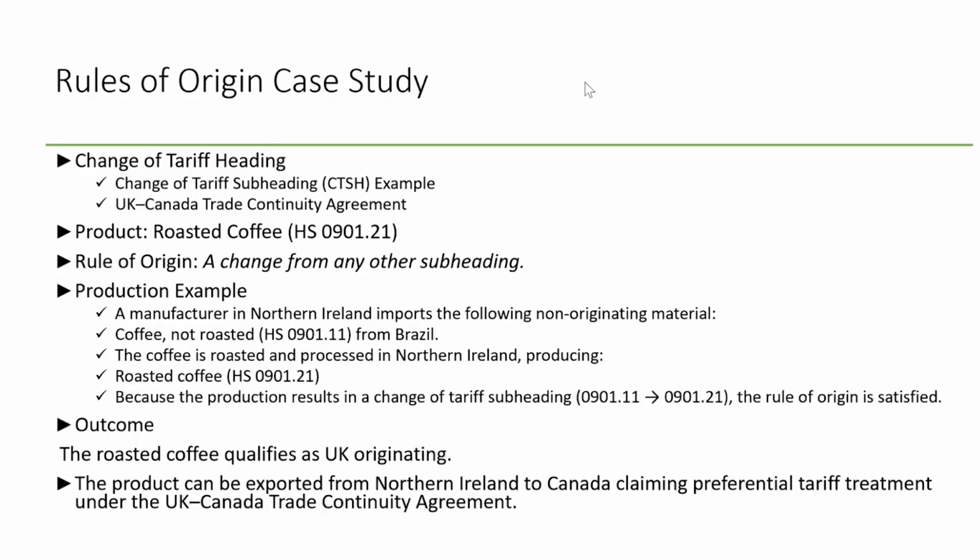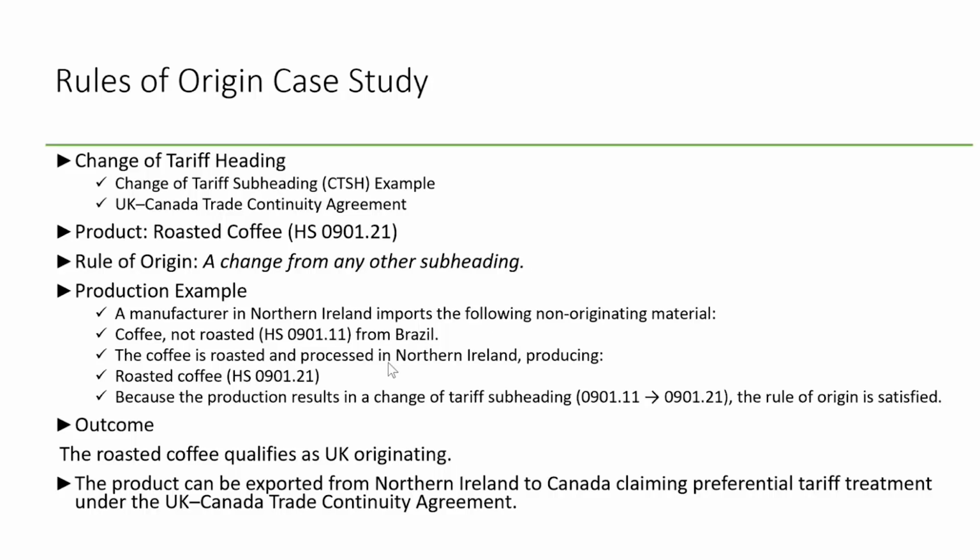Okay, so what's interesting with this one, right? It's the subheading, a change of tariff subheading, which means that once one of the first 6 digits of the commodity code is different, then it meets the rules of origin. If it was a change of heading, one of the first 4 digits would have to be different, but this is subheading.